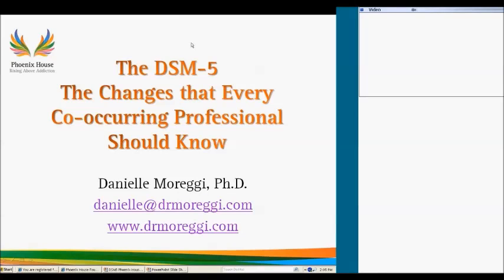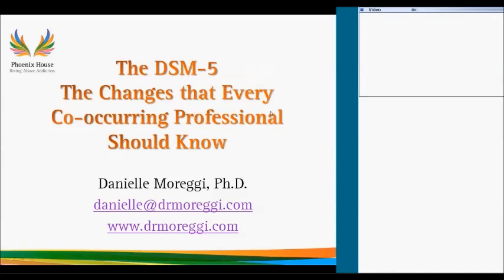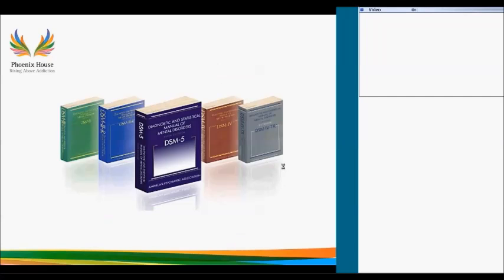Okay, hello everyone. It is my understanding that I'm speaking to people across 12 different states today. Today I will be going through the changes that every co-occurring professional should know in the DSM-5. In the DSM-5 there's an enormous amount of changes, and I chose the information today based on my experience with co-occurring professionals and clinicians in terms of what you see the most.